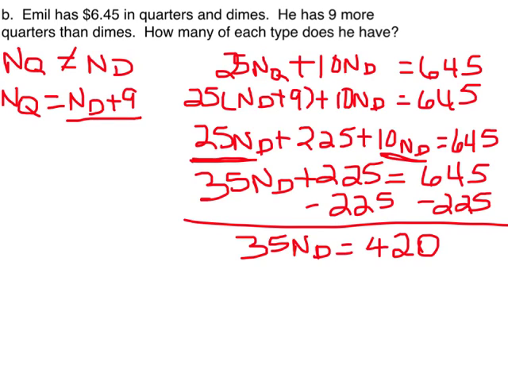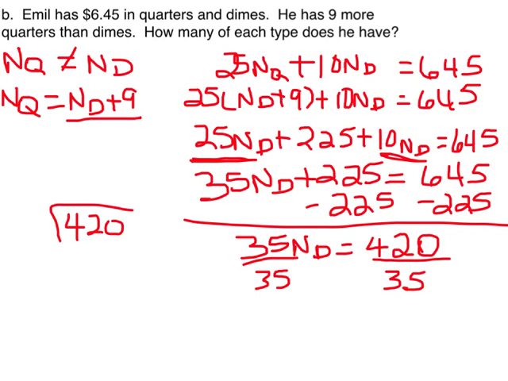And when I do my division by 35, 420 divided by 35, that will go one time, 35, 70, that will go 12 times.